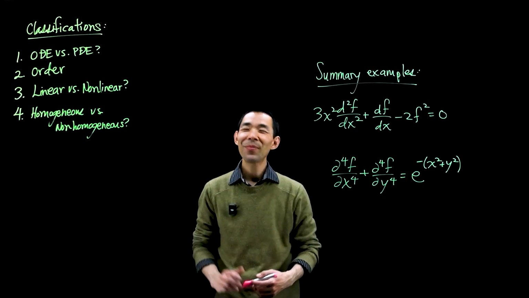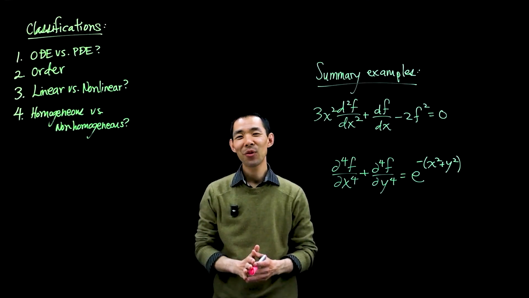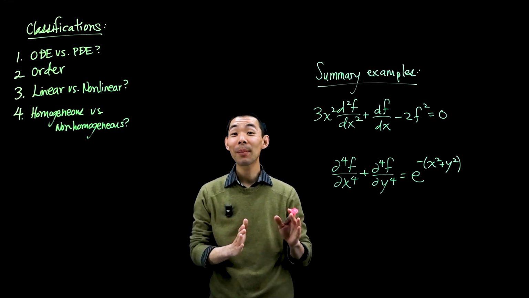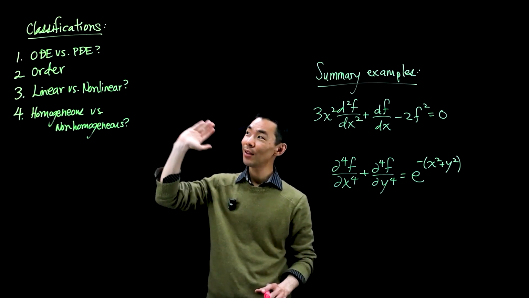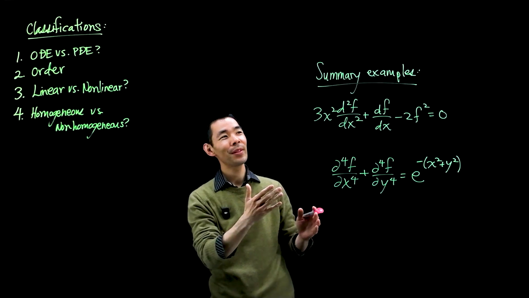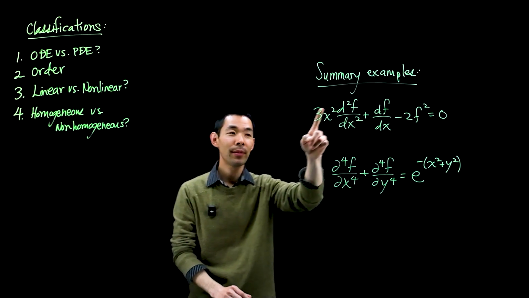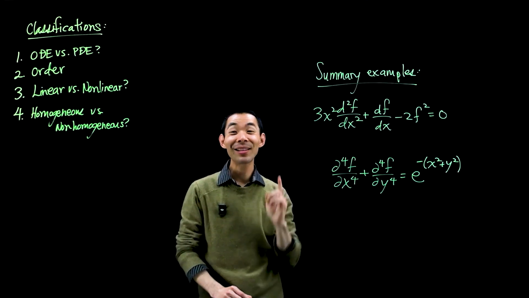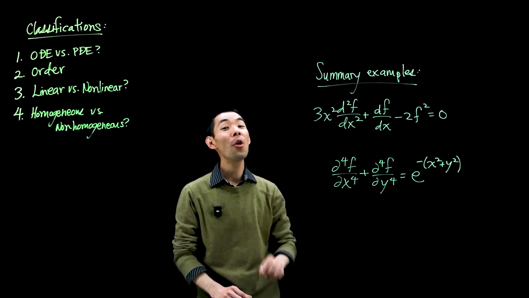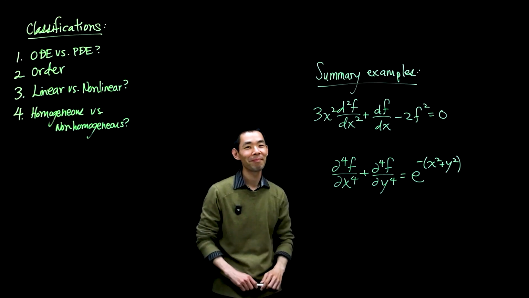Now that you know the 4 different classification questions you should ask, let's do a couple of summary examples and ask these 4 questions for these examples. First example, this one right here, this top equation. Let's go in order. First question, ODE versus PDE.